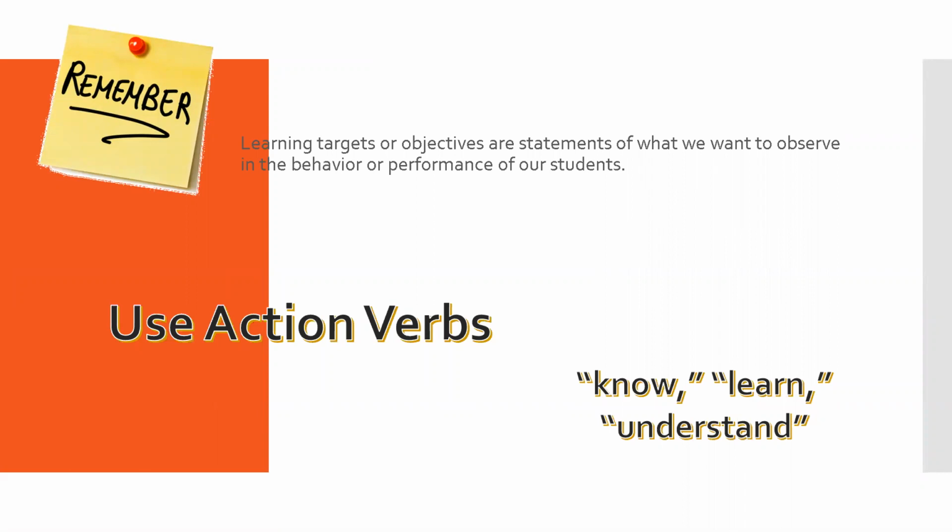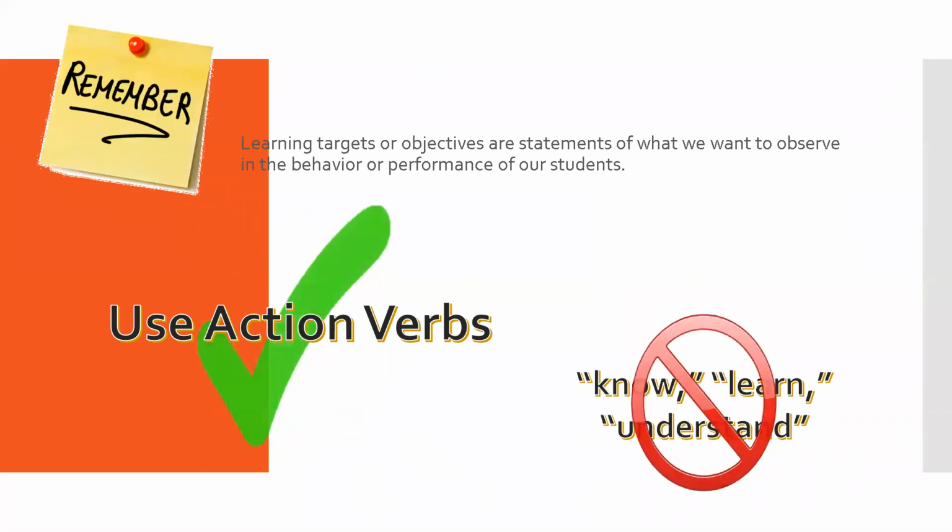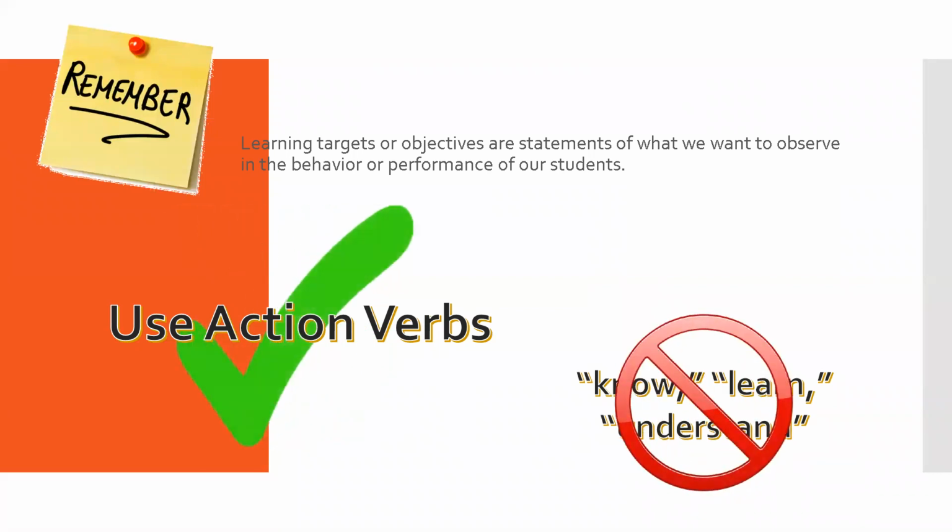In writing learning targets or objectives, we use action verbs or observable or measurable verbs which indicate explicitly what the learners must do in order to demonstrate their learning. We avoid verbs such as know, learn, or understand because they are vague and it is difficult to evaluate whether the learner have truly known, learned, or understood the concept or the lesson.